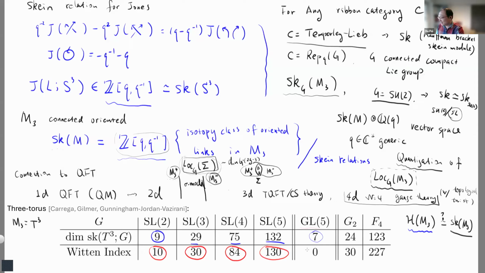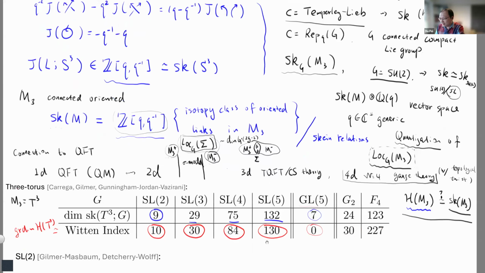But for the Witten index, it can be 0 because it's a graded dimension of the Hilbert space associated with T^3. So if one wants this relation to hold, then one needs some modification, because at face value, they are not the same.